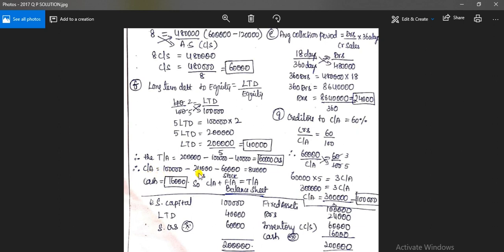Out of that, 24,000 is debtors and 60,000 is stock. In total that is 84,000, so the remaining 16,000 will be cash. This is also a balancing figure. Out of 1 lakh current assets, we got debtors and stock, and the remaining thing is cash.